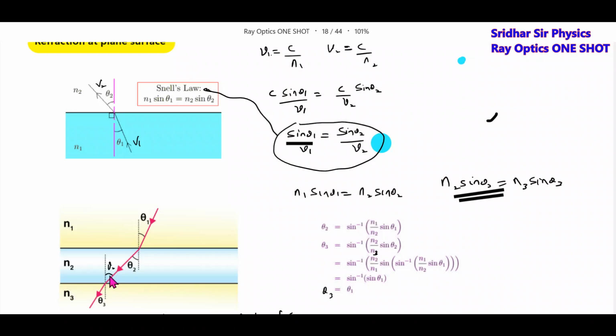Theta 2 will be the angle of incidence, theta 3 will be the angle of refraction. Then we can write Snell's law: n1 sin theta 1 equals n2 sin theta 2, and n2 sin theta 2 equals n3 sin theta 3. We'll get an equation like this. If n1 equals n3, then we can write theta 1 equals theta 3. This is a condition.